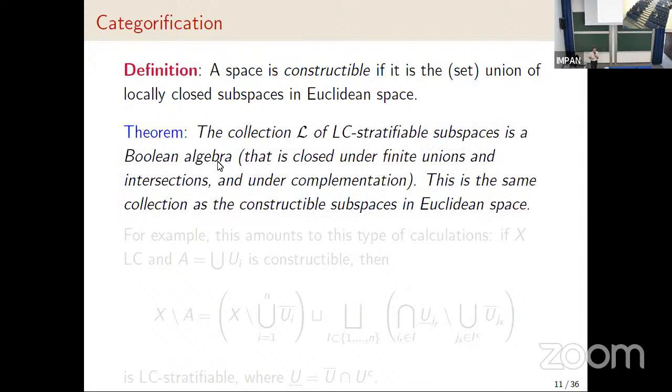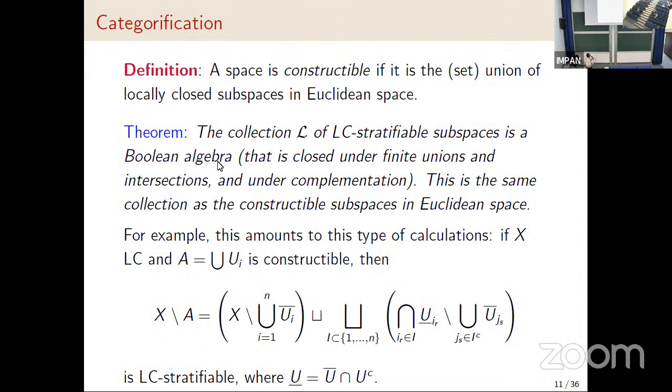And the proof of this is kind of pretty annoying, but very important in the proof of the main theorem. The proof is not included. But you have to do this sort of set-theoretic juggling to show that something is constructible if it's stratifiable by locally compact sets.